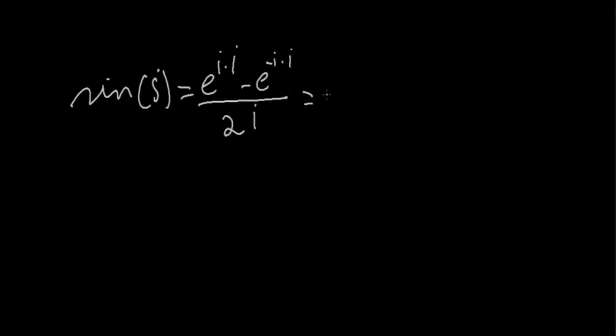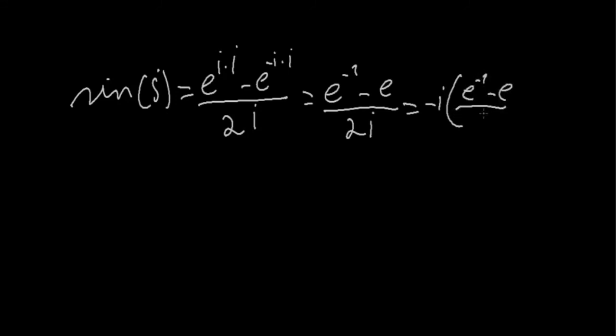And this is just e to the negative 1 minus e to the first, which is just e, divided by 2I. And we can take out this 1 over I in here because that's just negative I. So that's negative I times e to the negative 1 minus e over 2. And you can throw this part into a calculator and solve it. And after you solve it, you just multiply by negative I and you get sine of I.